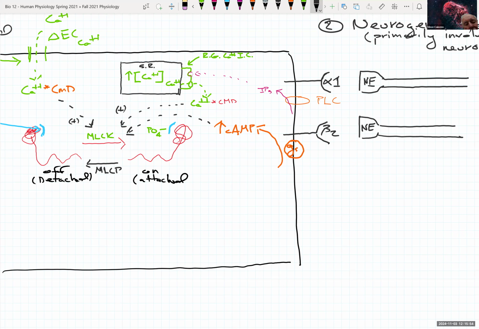So I'm going to put beneath this black arrow a negative sign to simply indicate that elevation in cyclic AMP actually turns off myosin light chain kinase, which would reduce the phosphorylation of the regulatory myosin light chain, which would reduce the force production of the smooth muscle cell.